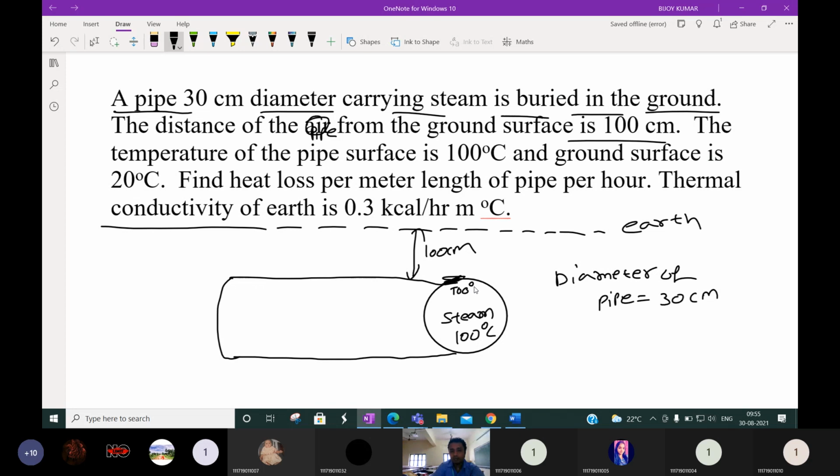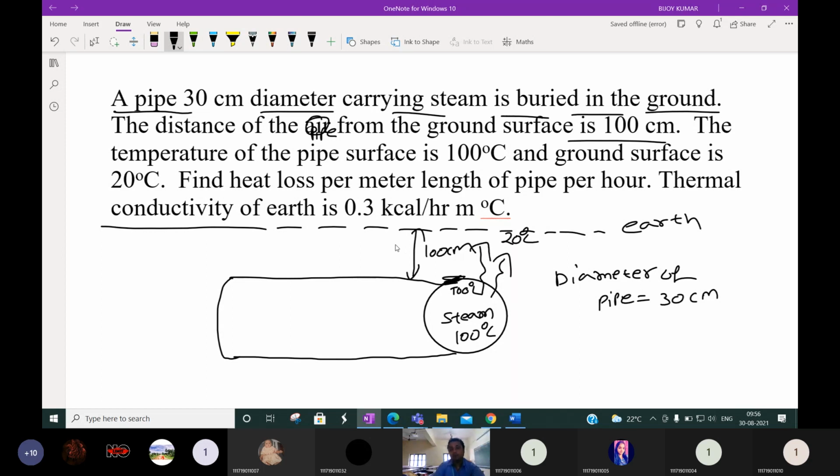And the ground surface temperature is 20 degrees centigrade. Then what will happen? Inside it is at high temperature, outside at the earth surface is 20 degrees centigrade, so heat will transfer from inside the steam pipe to outside.